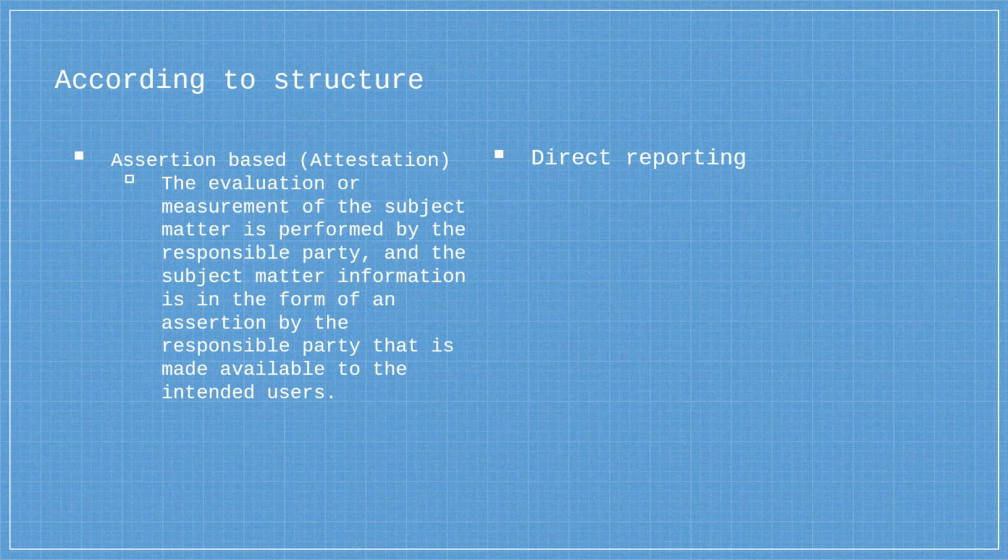Now, imagine the financial statements. We know, once again, management is the one responsible for the day to day operations, for the decision making of the business. Management is also the one responsible for the evaluation and measurement of the condition and performance and cash flows of the business and reports this in what we now know as the financial statements, which is a subject matter information.